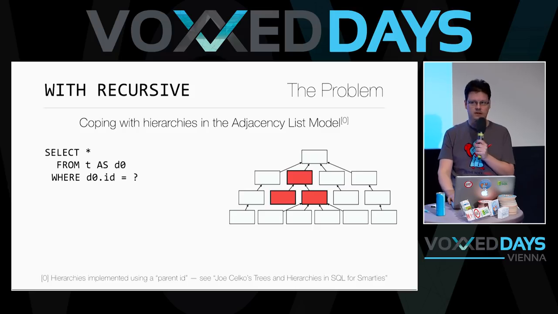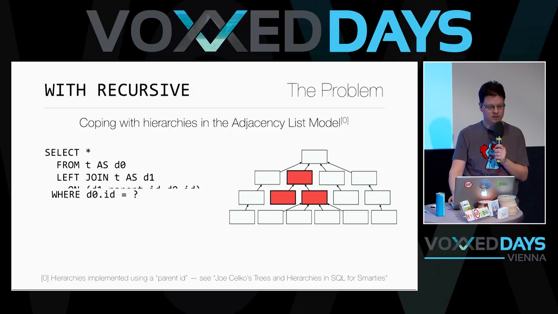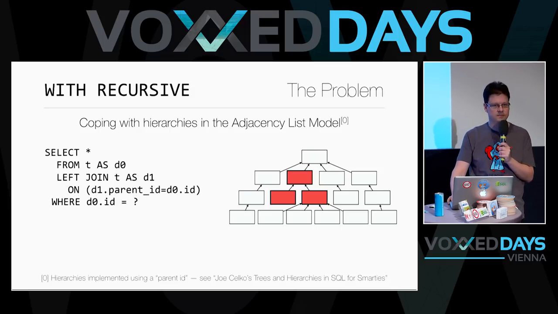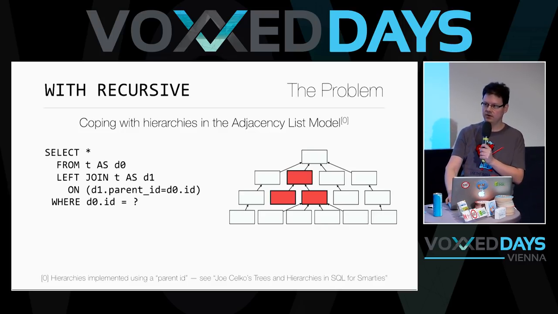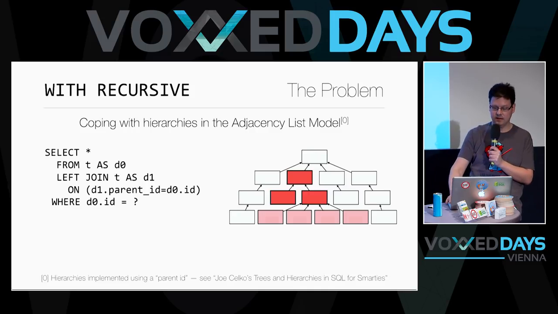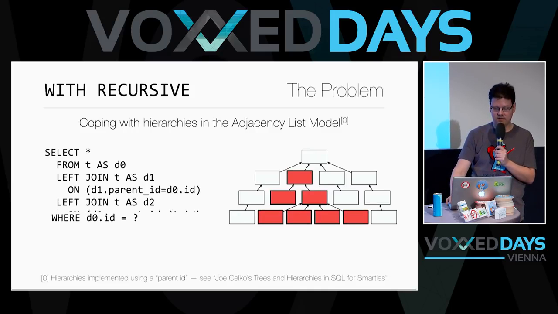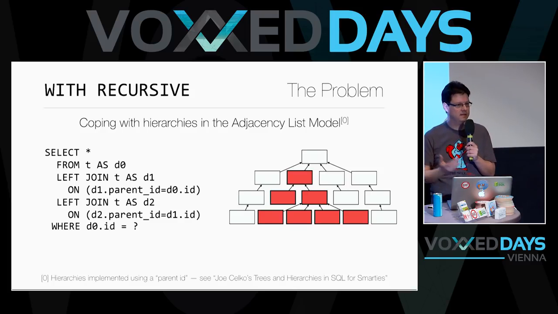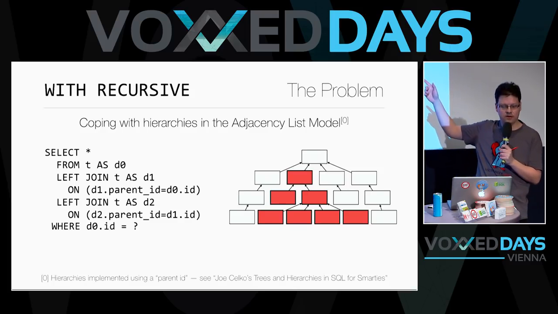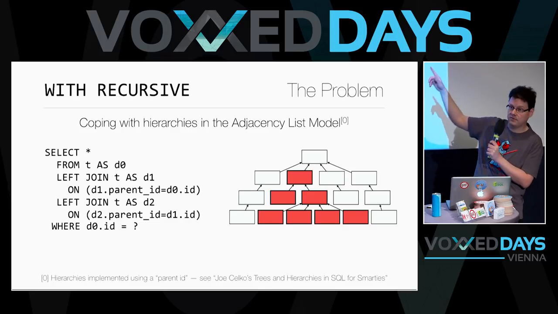How do we do that in SQL-92? The best but still worst solution is usually some kind of join. But that's getting ugly because it's only fetching one additional level of children. If I want to have two levels, I need another join. And of course, the way the joins work, this query now returns 5 rows instead of maybe 7, like we would expect for each of the nodes.